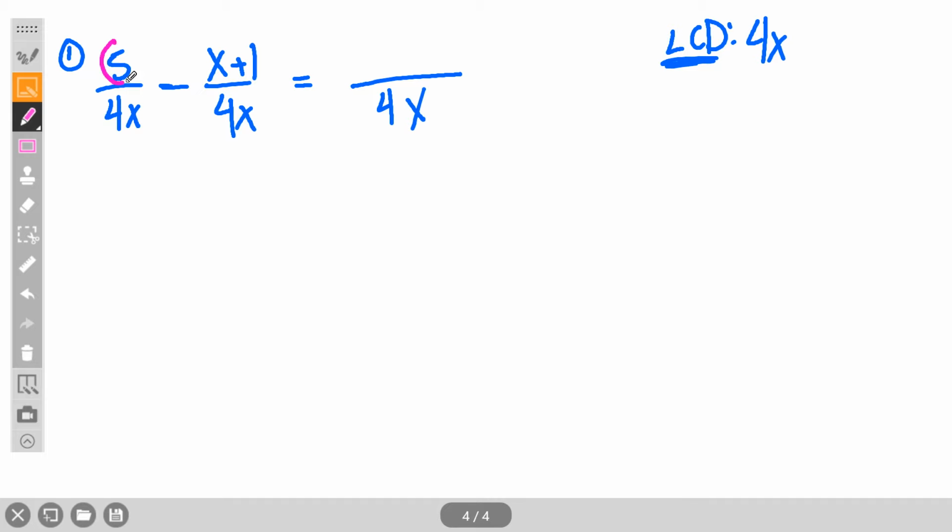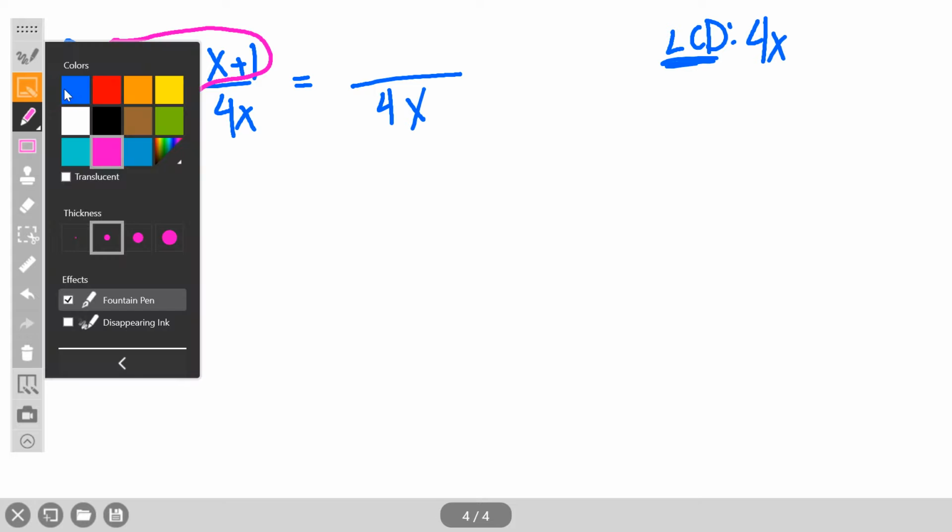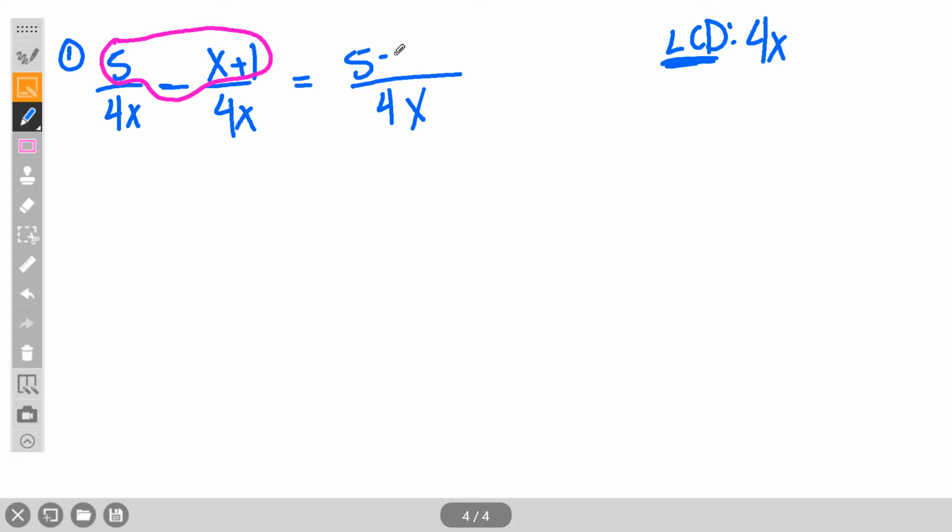All we have to do now is the operation with the numerators, 5 minus, and keep in mind this whole thing is being subtracted, so the x plus 1 should be in parentheses. To remove the parentheses, we distribute that minus sign.